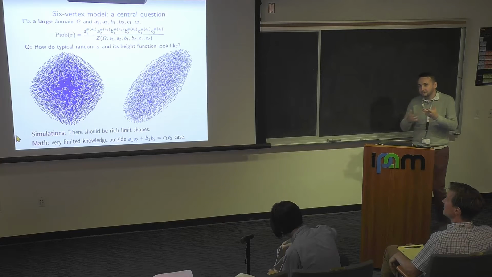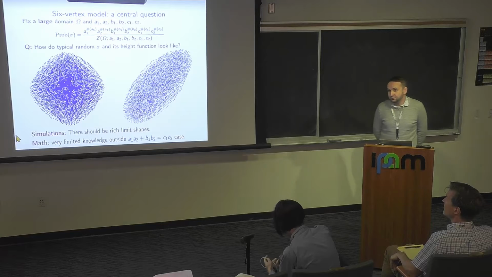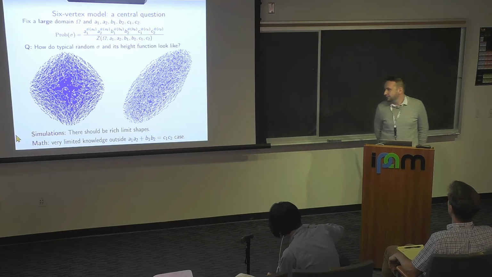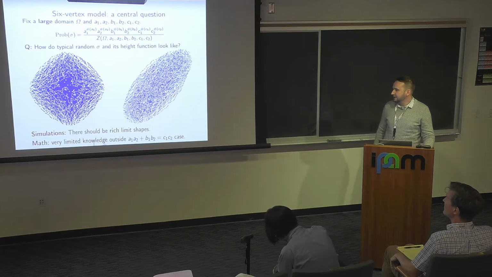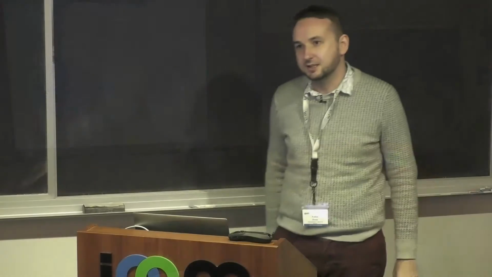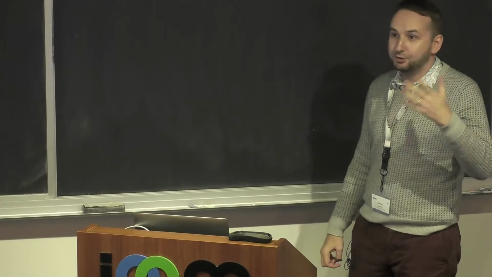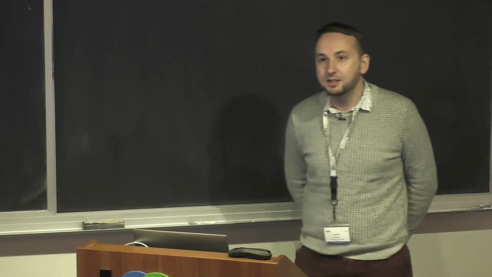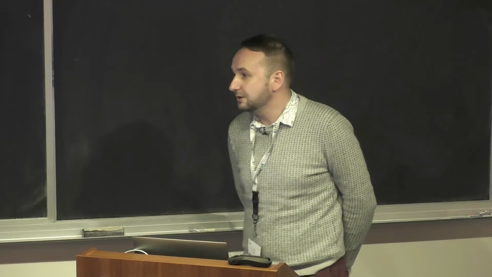You can get many of these interesting pictures from simulations, but when you go to mathematics, it turns out that outside the case where A1 A2 plus B1 B2 is equal to C1 C2, which is called the free fermion case, and it corresponds to dimers and to those limit shapes which Alexei, for example, was speaking about on Monday, we have very, very limited knowledge.